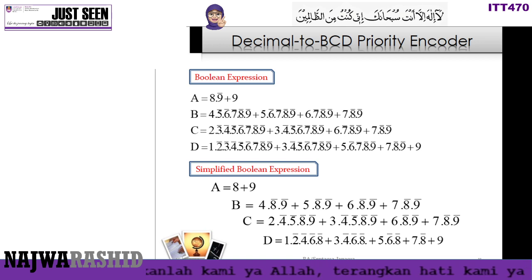How to identify the Boolean expression is based on the output value. So here we have A, 8 times 9 not plus 9. And then we have the Boolean expressions for B, C and D. Based on these Boolean expressions, you need to do simplification.